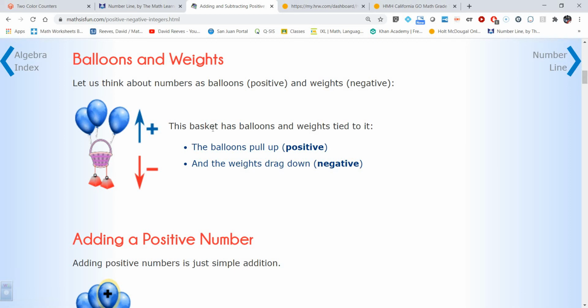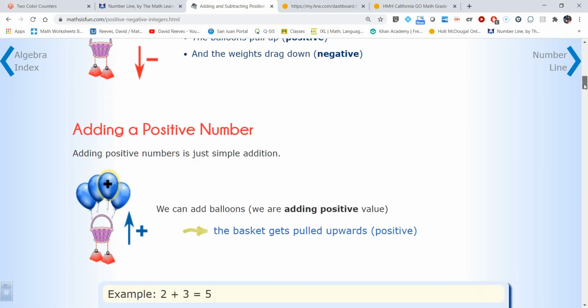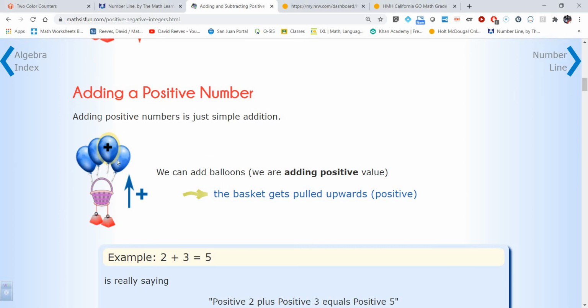So let's talk about how I can make this basket go up by addition. And you know this, right? I can add more balloons. If I add more balloons to this basket, it's going to go up. More helium is going to lift it, right?